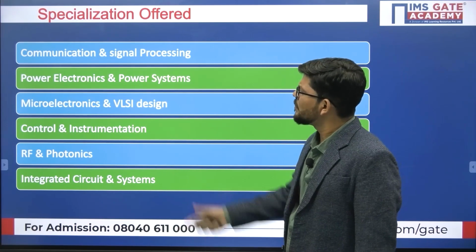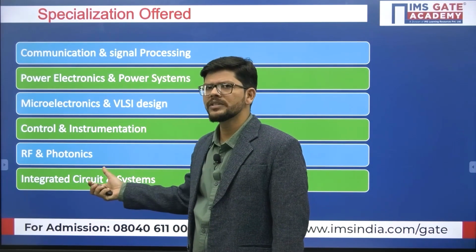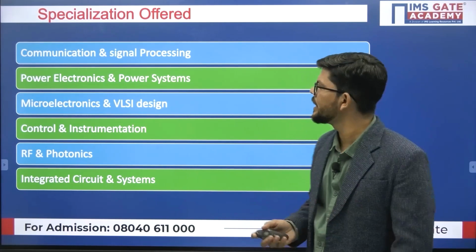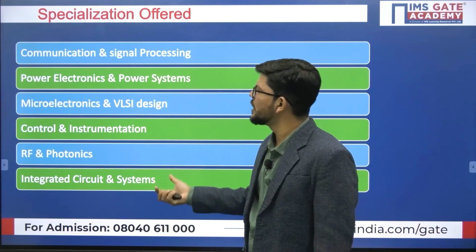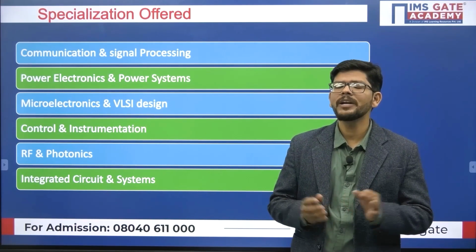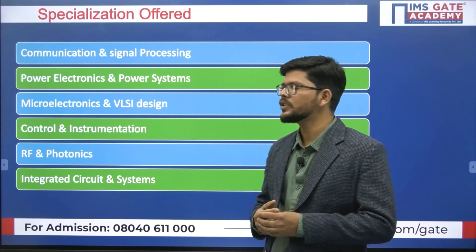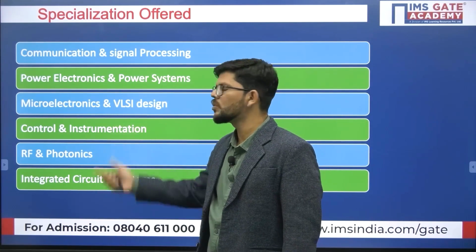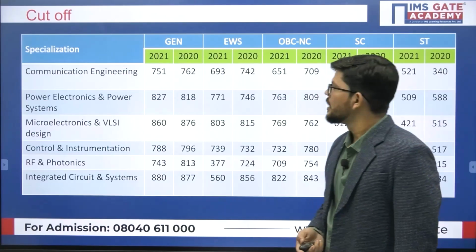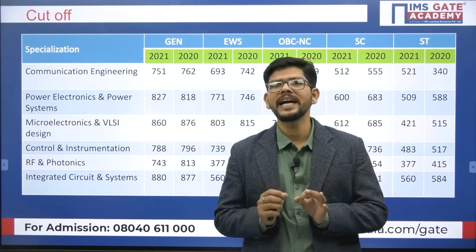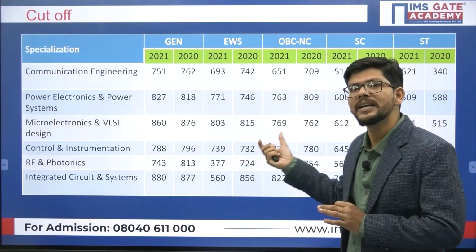But you can apply to any of these options. You are equally eligible for all the options, so you may go for any of the specializations. That depends upon your interest. But being an electrical student, I think you should definitely go for power electronics and power system or control and instrumentation.